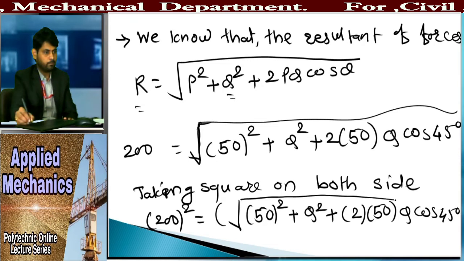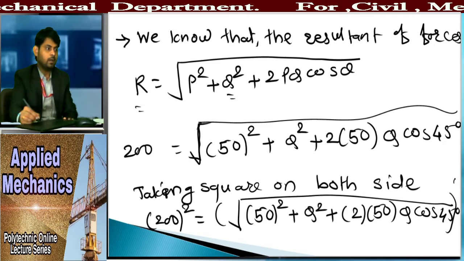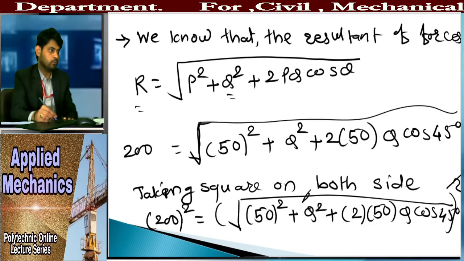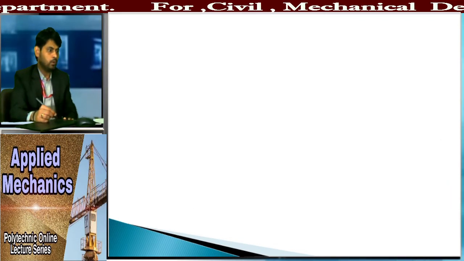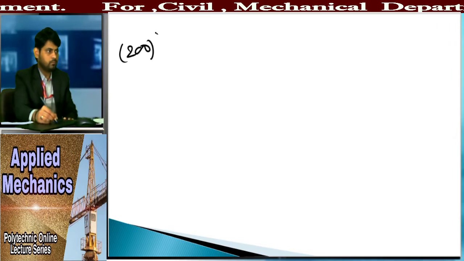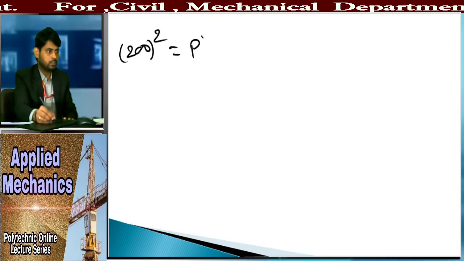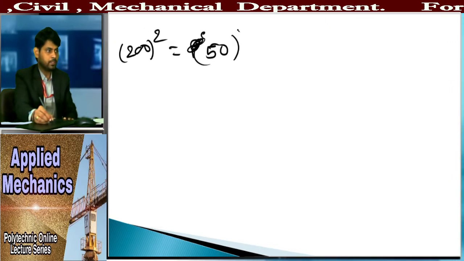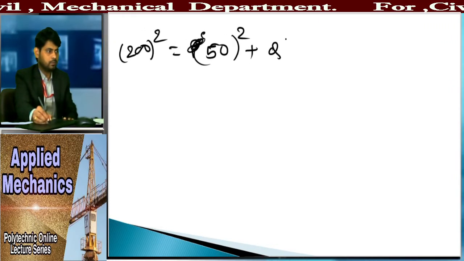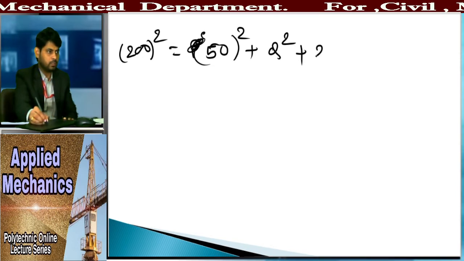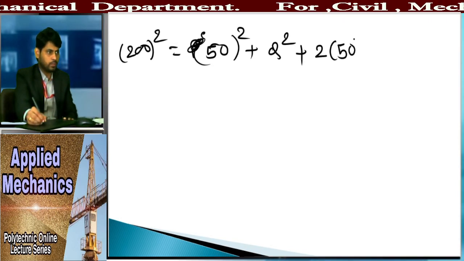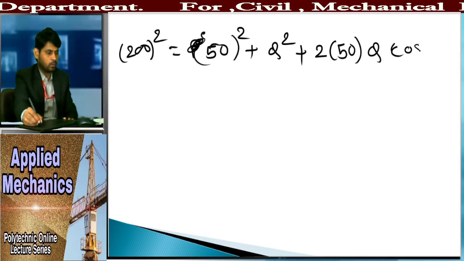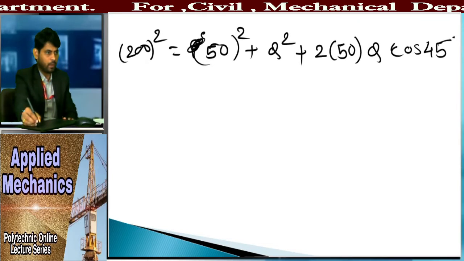Now see, this square and this square root will get cancelled. So you will get the value like this: 200 square is equal to P, the value of P is given, that is 50 square, plus Q square plus 2 into 50 into Q cos of 45.